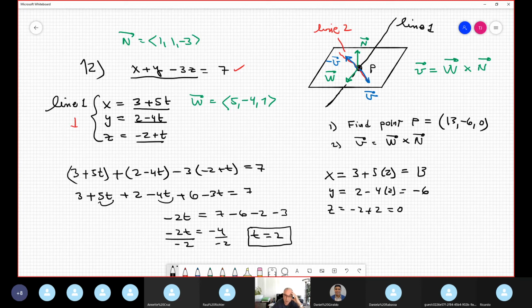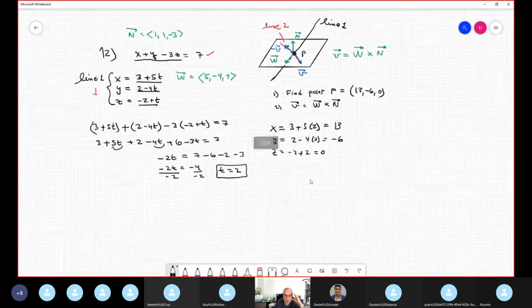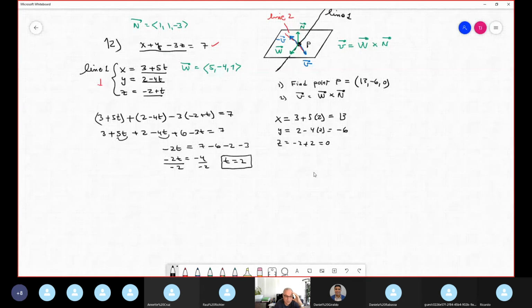Okay, I finished that part. Now the long part, not complicated, long: I have in my hand the vector W and the normal vector for the plane.